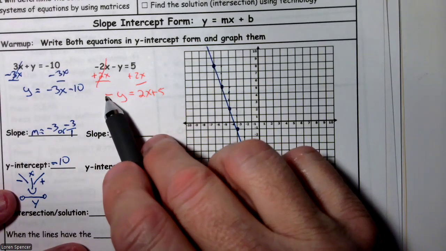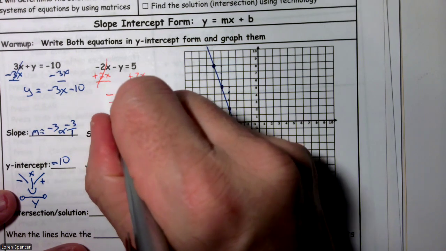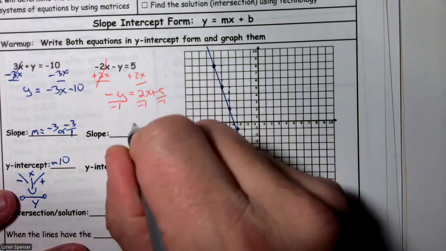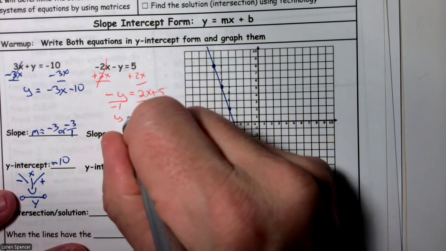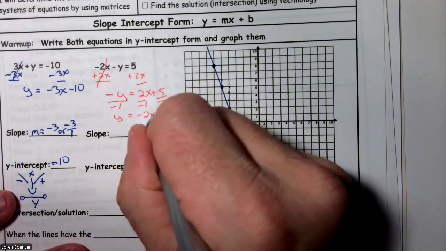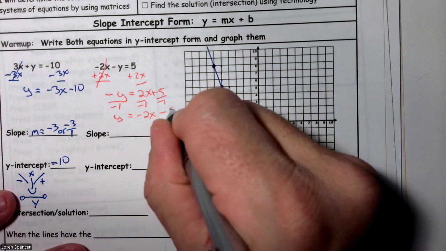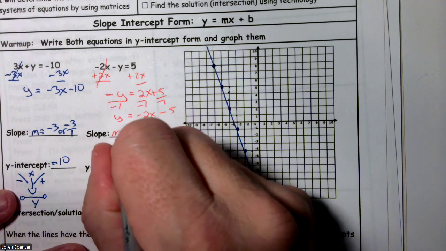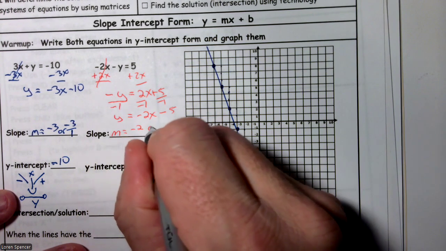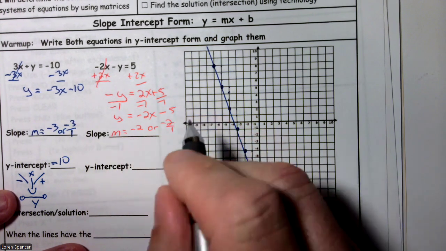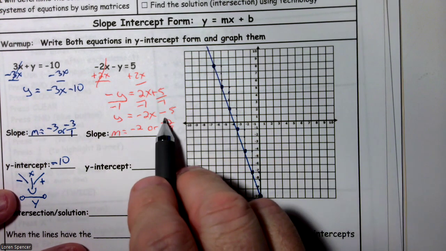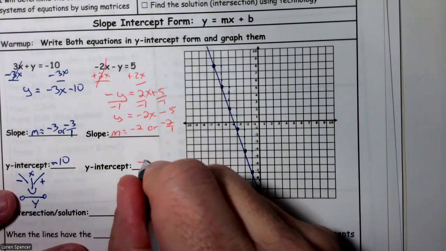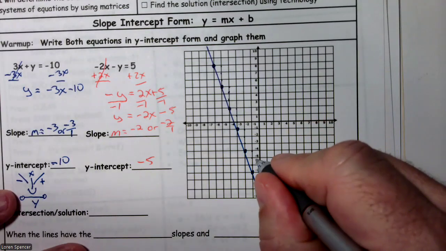Well, this is a negative, which means I need to switch all the signs, and I can do that either by multiplying or dividing by a negative, but I have to divide everything, and I end up getting y equals negative 2x minus 5. So my slope is m equals negative 2, but we prefer it as a fraction, negative 2 over 1, and this is a negative 5. So my y-intercept is a negative 5, and that's my starting point right here.